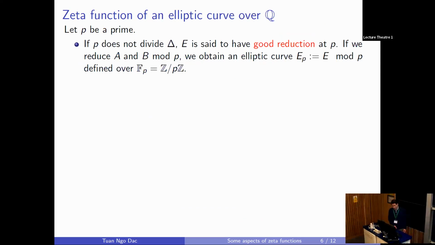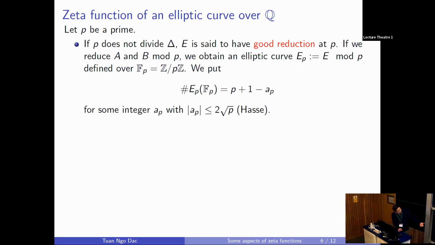And now to define the zeta function, we need to take any prime and distinguish between what is good and what is bad. We say that it's good if you take the reduction mod P and you still get an elliptic curve. Because you are over a finite field, you can count the number of points.